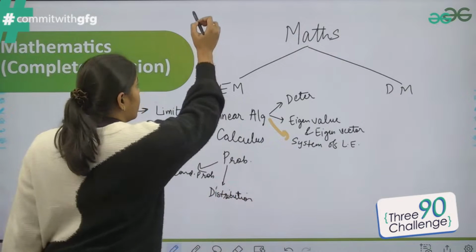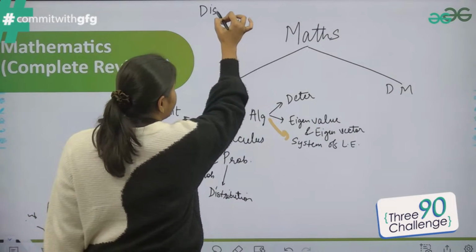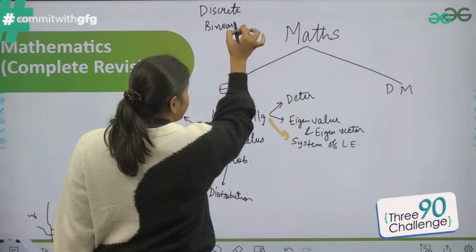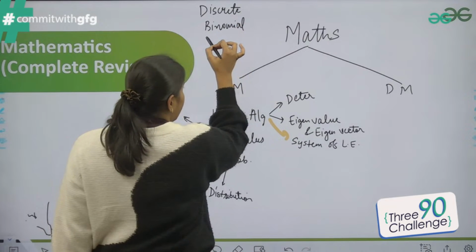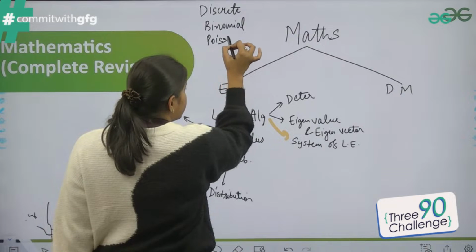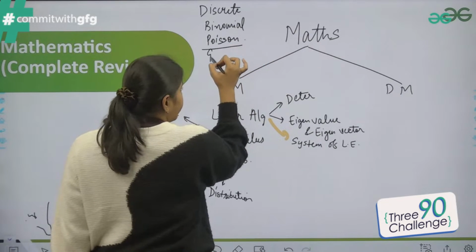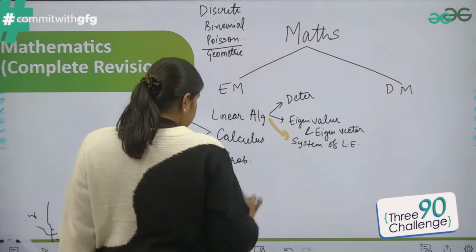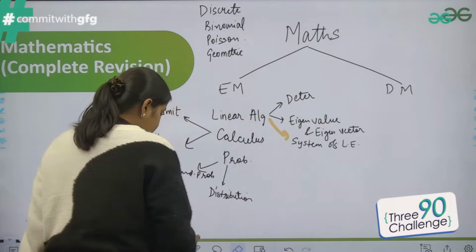And we all know that in discrete random variable we have binomial and Poisson. These two are important, and another one we have is geometric distribution. So these three distributions are based on discrete random variable.